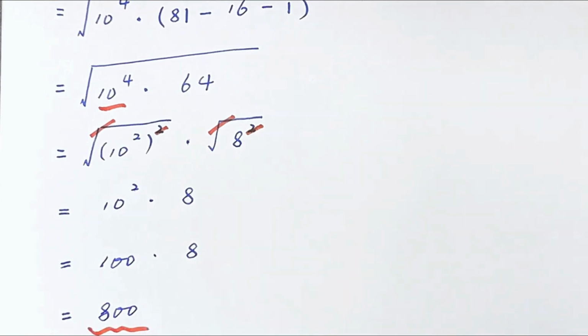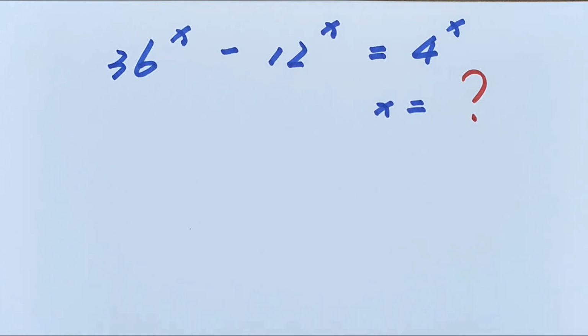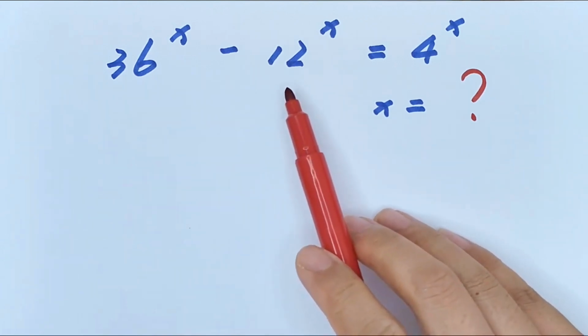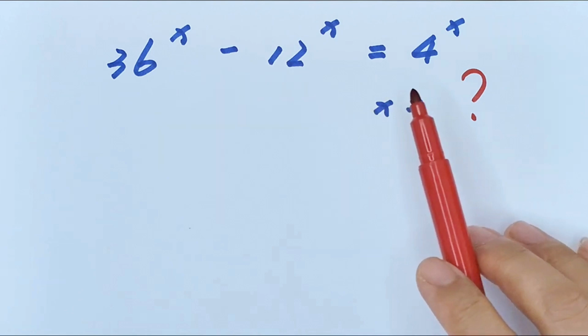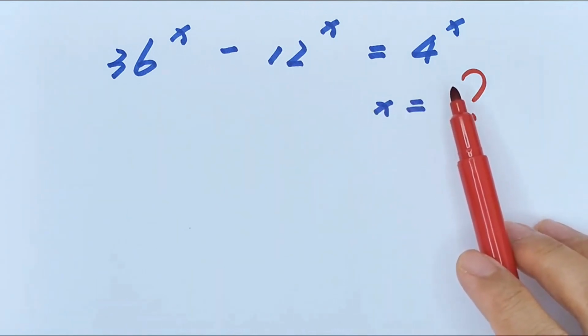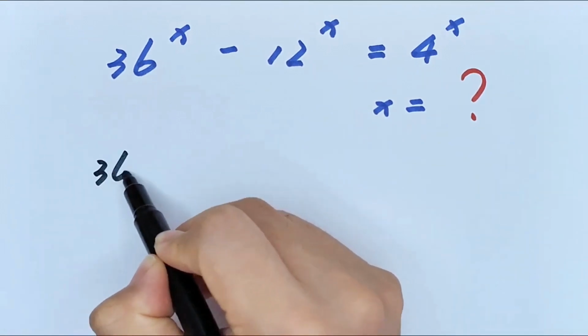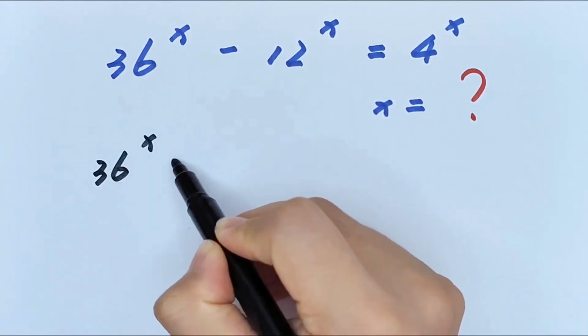Hello everyone. Welcome to Maths4U. How to solve 13/6 to the power of x minus 12 to the power of x equals 4 to the power of x, to find the value of x.